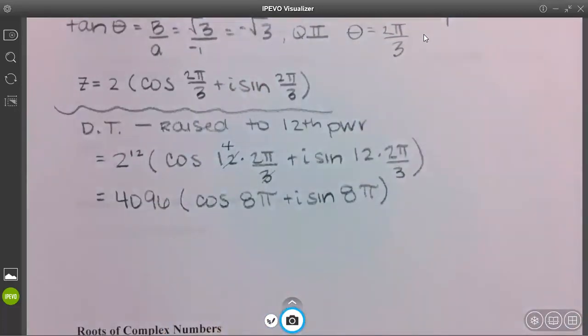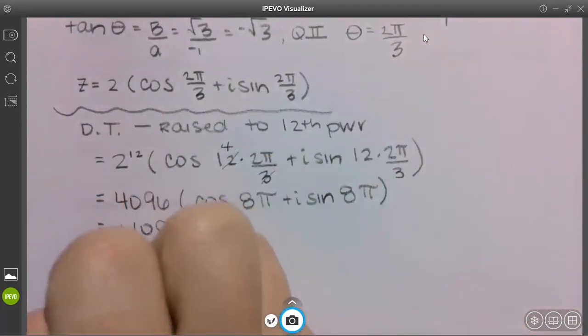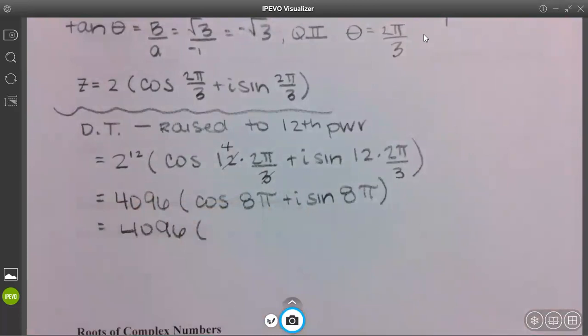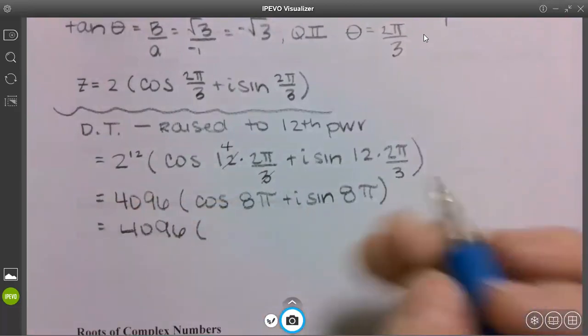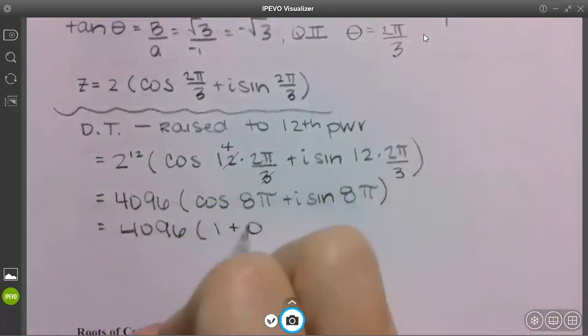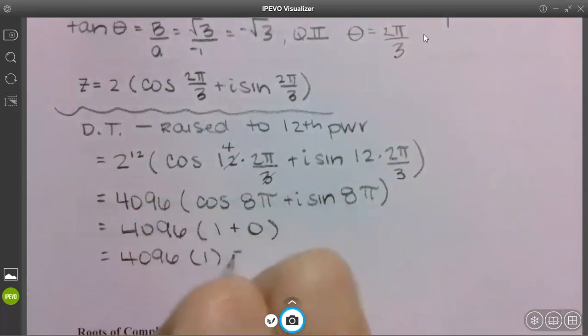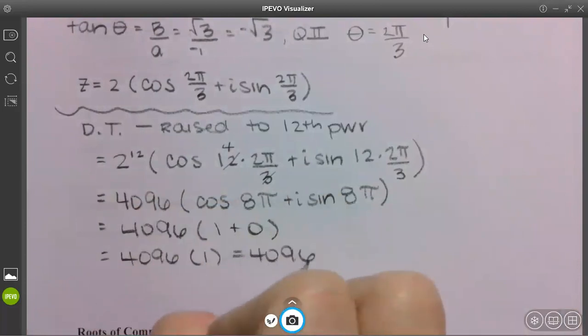So it's just super exact. So this is 4096. Cosine was 1. This was 0. 1 plus 0 is 1, which gives you 4096.